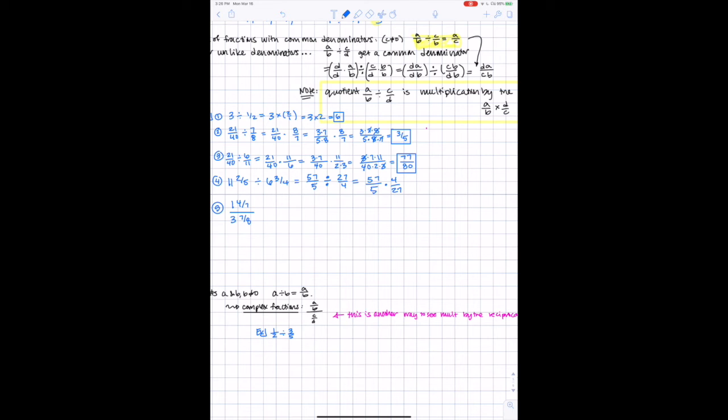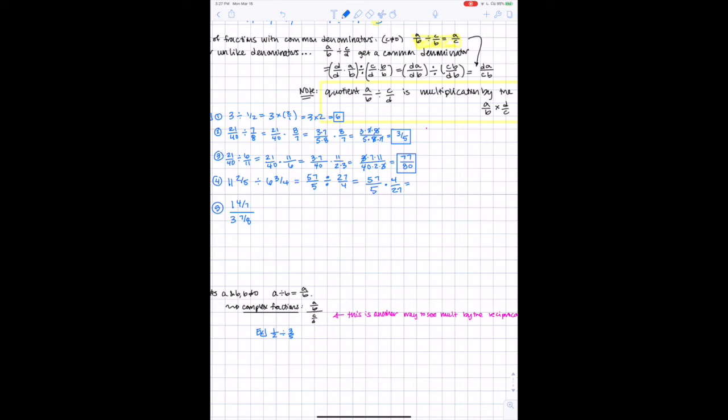Let's see. I don't immediately see that these things are going to simplify very nicely. I'm trying to see if there are any common factors between, say, 57 and 5 or 27. But I don't see any.